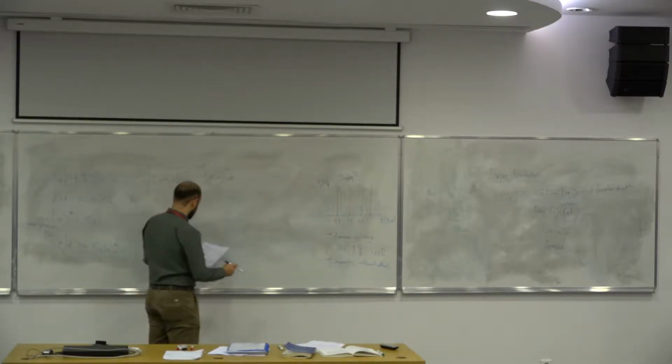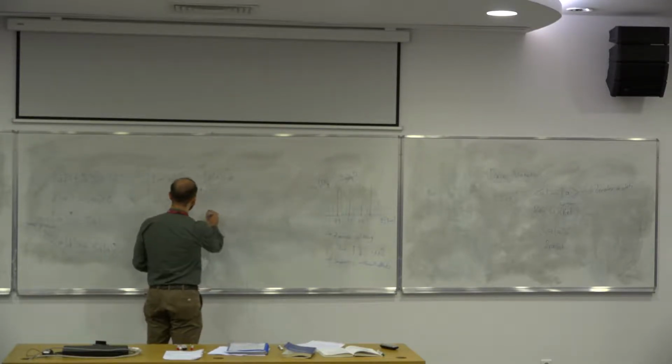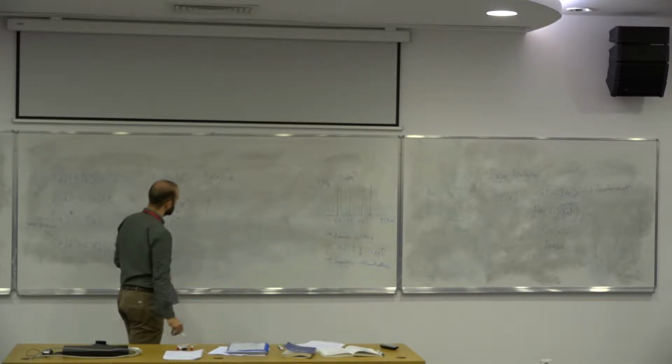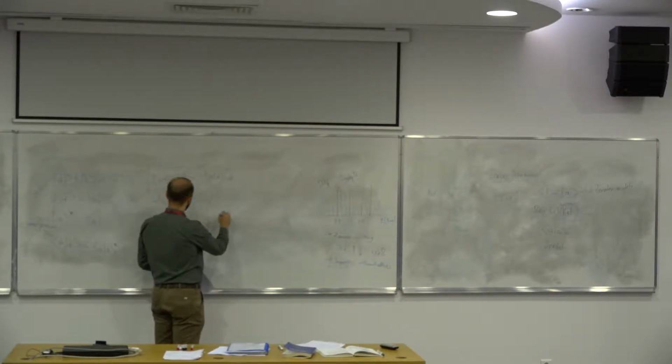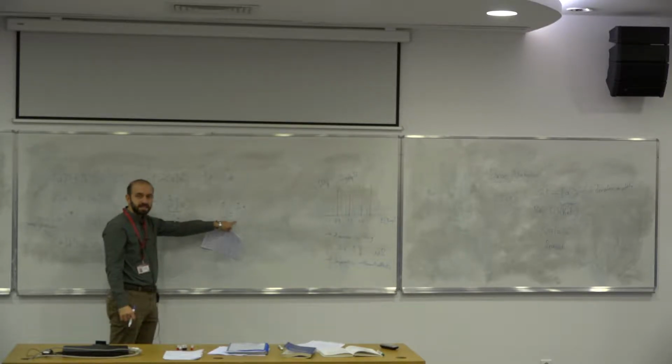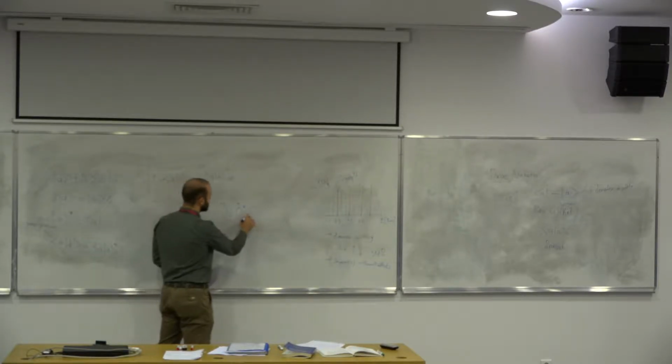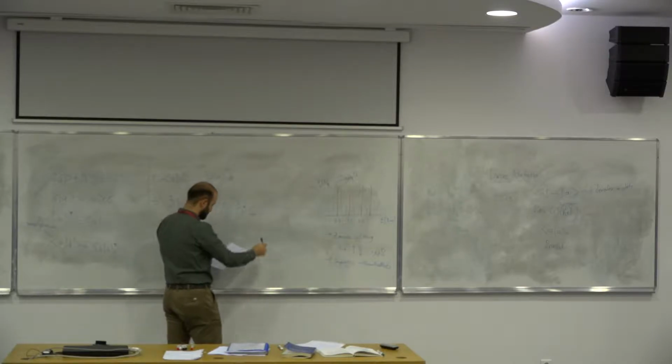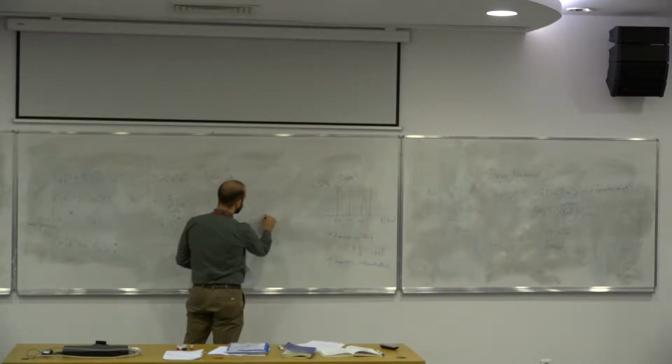Then another thing we can have, perhaps I should write this. If the complex conjugate of an operator is equal to itself, then this corresponds to a physical observable.